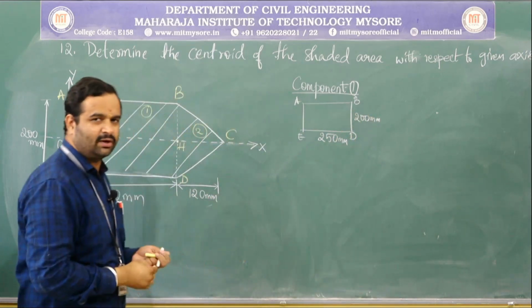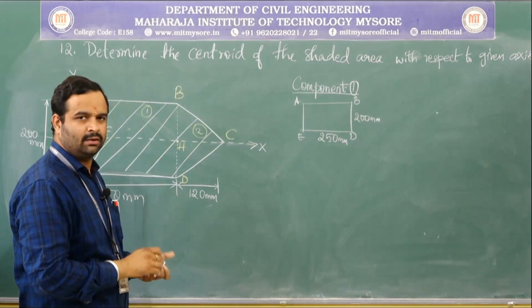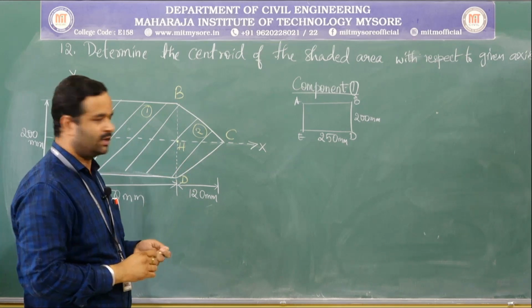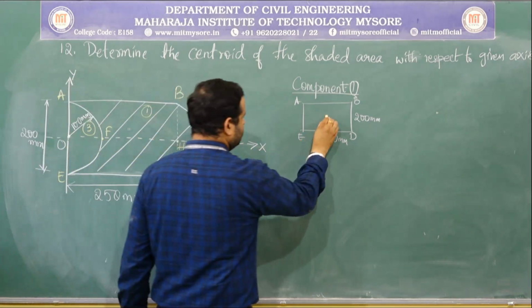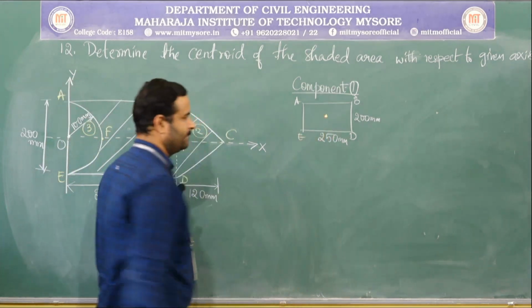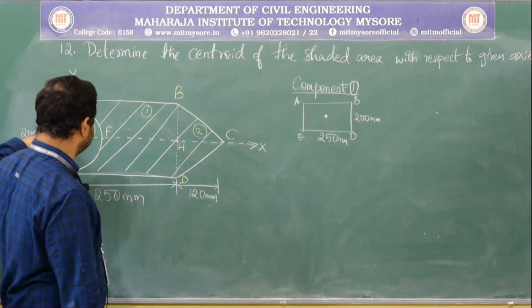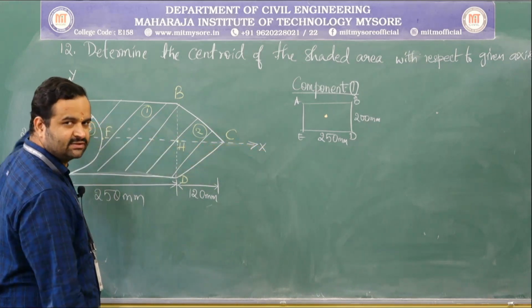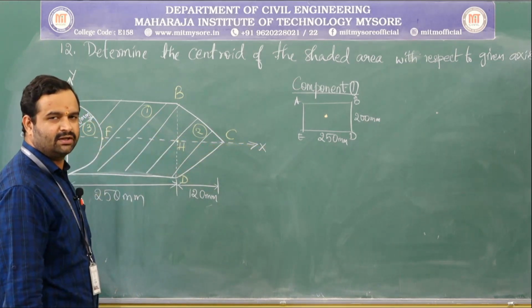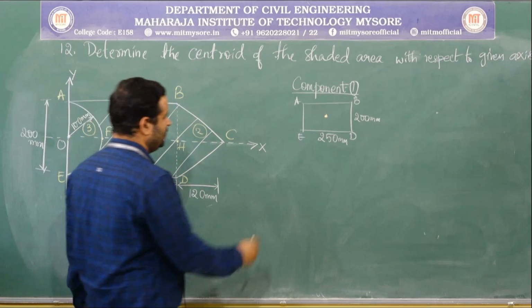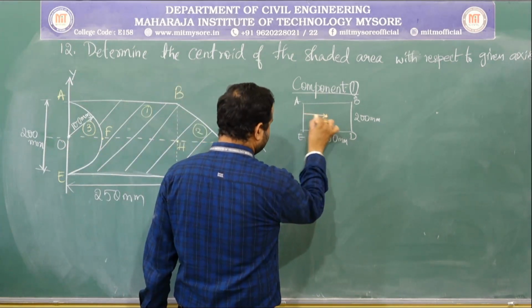So, where does the centroid lie? Here we need to locate it exactly at the center. Since it is symmetrical about this axis, we need not write the y component, only the x component is sufficient.